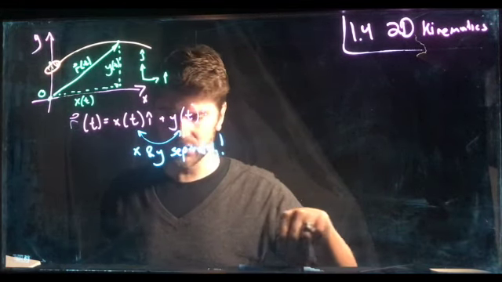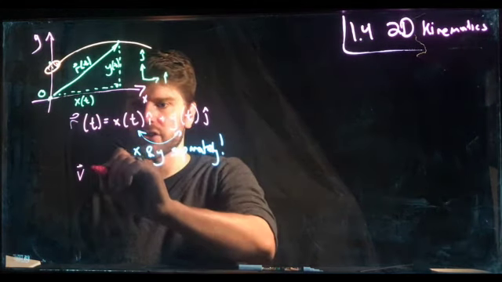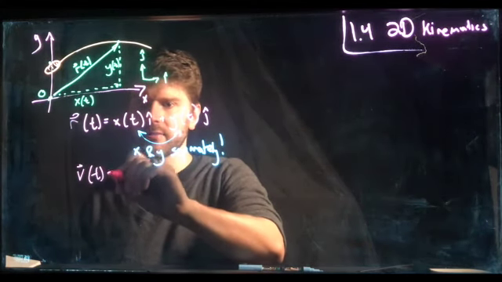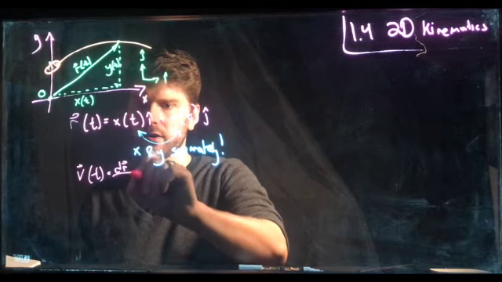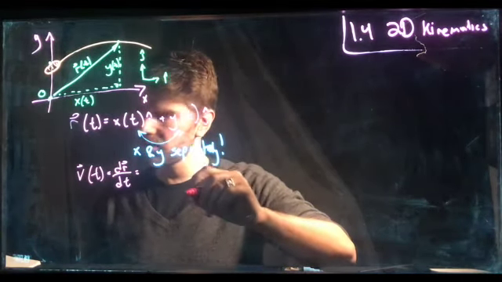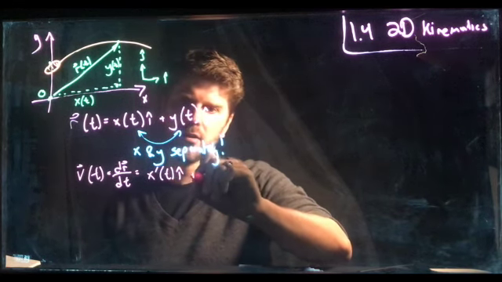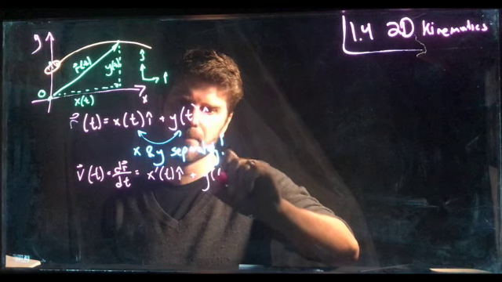And in fact, this extends to our other quantities. If we look for our velocity vector as a function of time, well, it's going to be the derivative of our position vector. And that's actually just going to turn out to be x prime i hat plus y prime j hat.